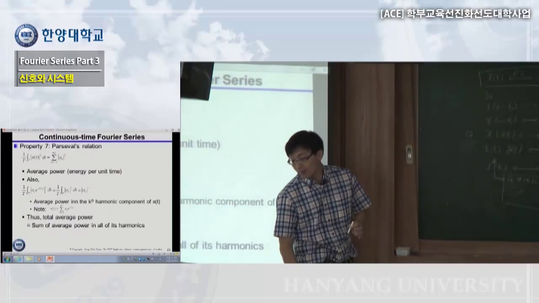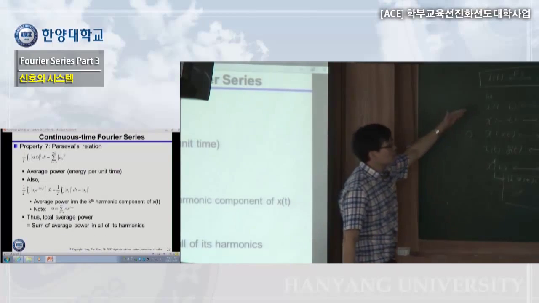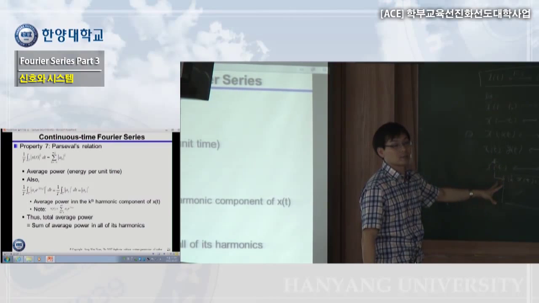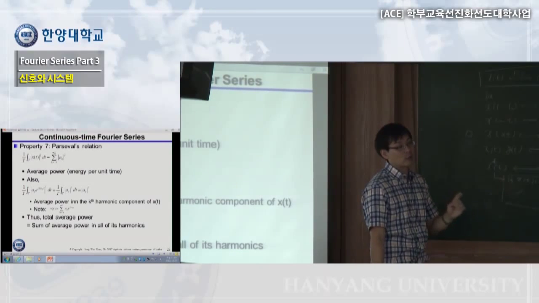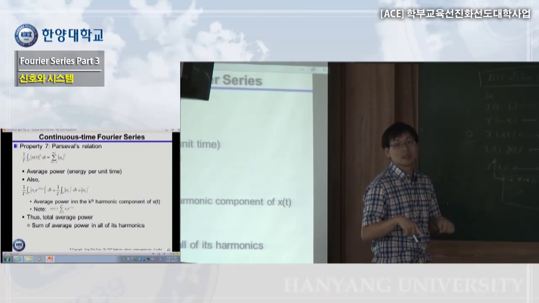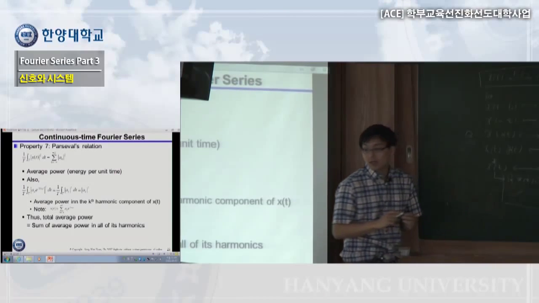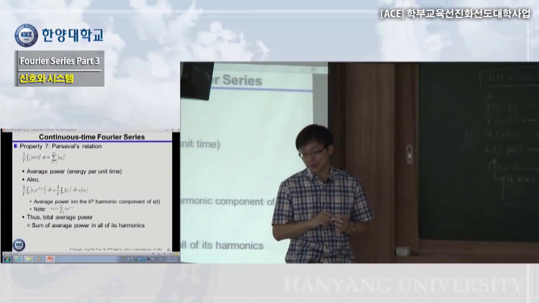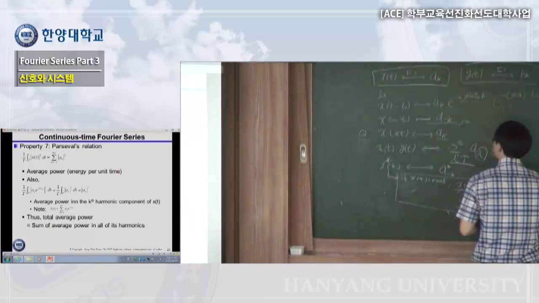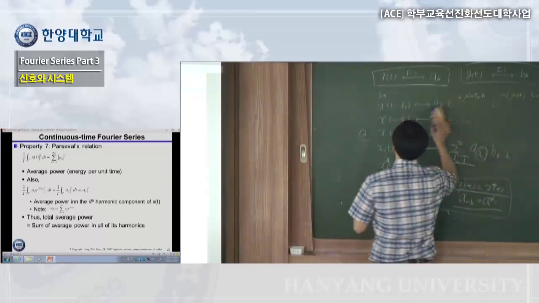All right, so now this one is slightly similar to linear time invariant properties. Now we are introducing one unique property existing in Fourier series. Parseval's relationship. Let's erase this.